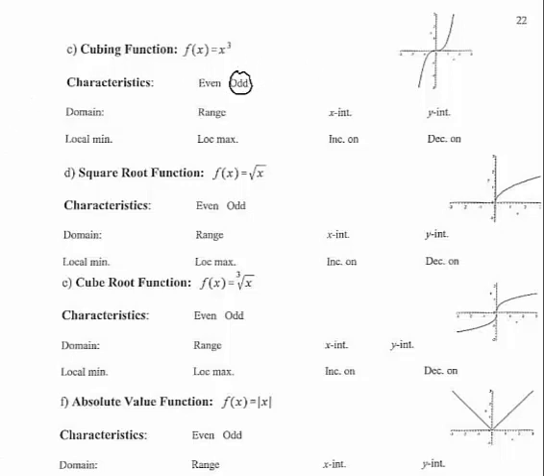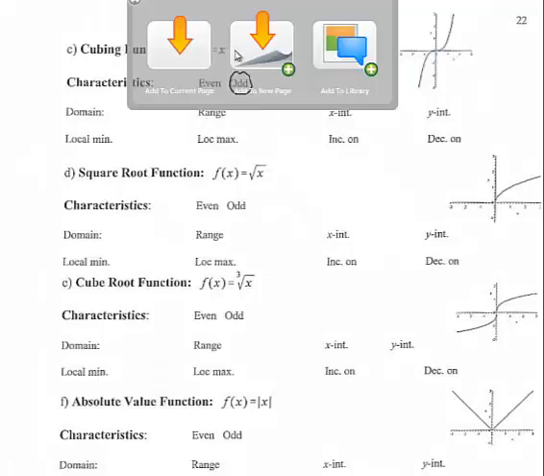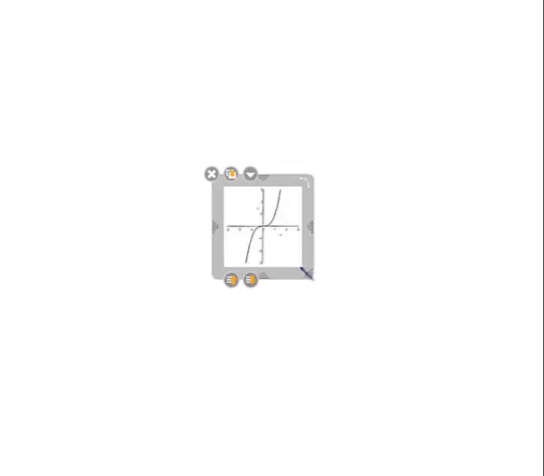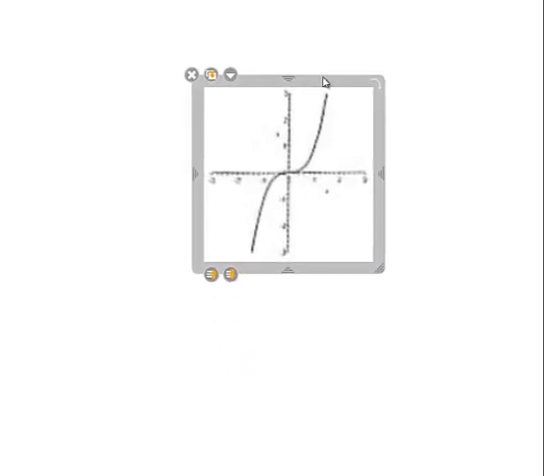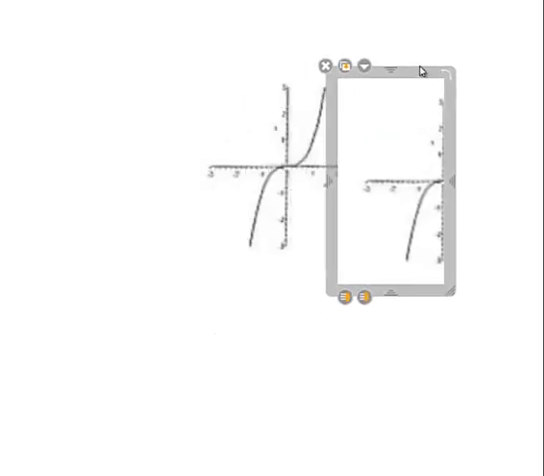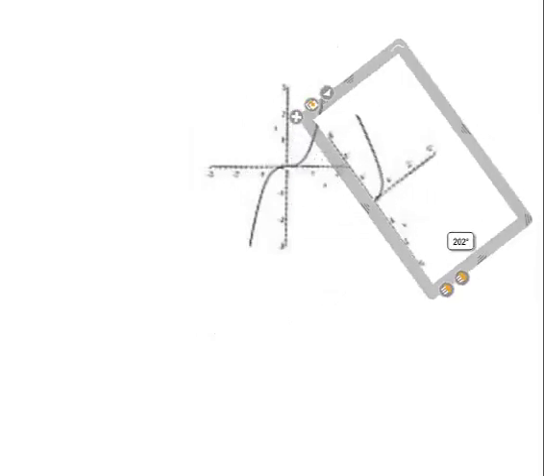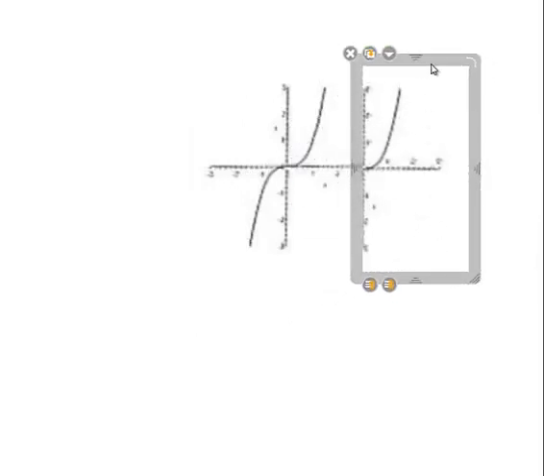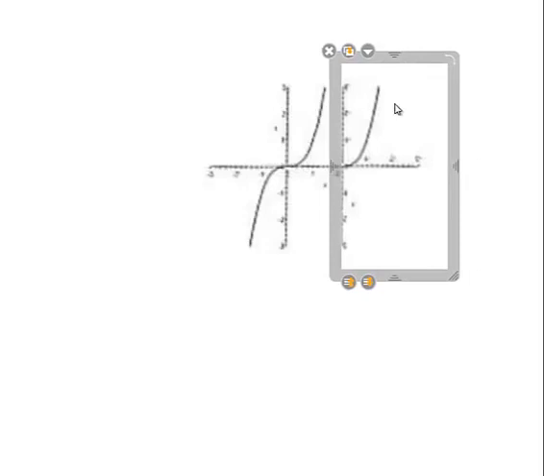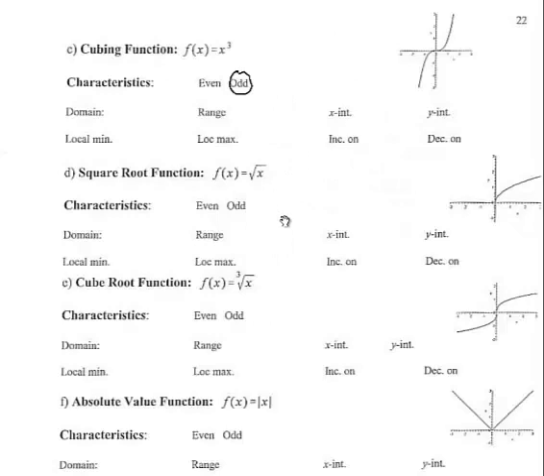Or, once again, I could take our graph, cut it along the y-axis, rotate that half 180 degrees and compare the two sides, and they're identical. So we are dealing with an odd function, symmetric about the origin.